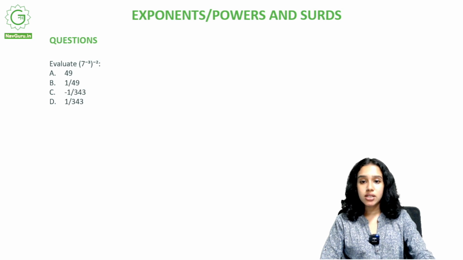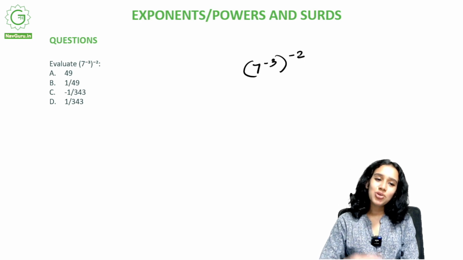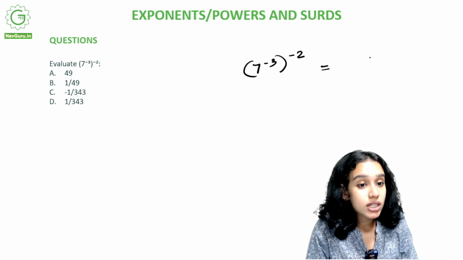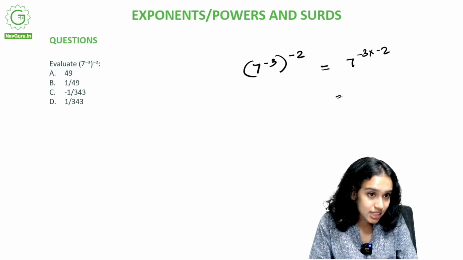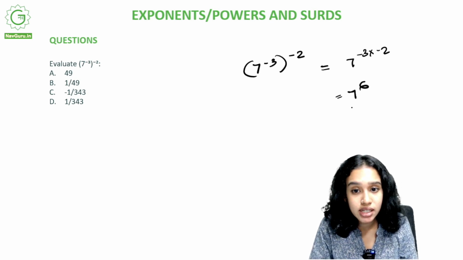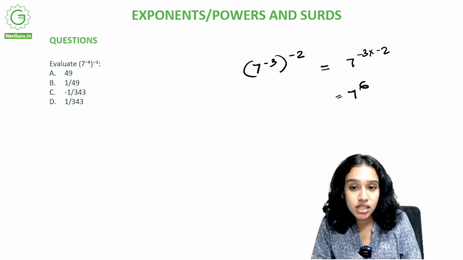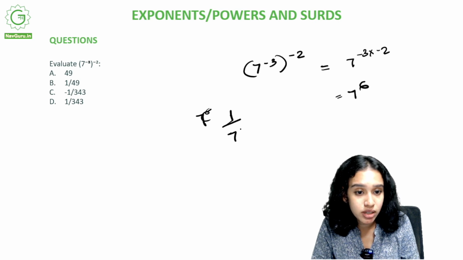Now the next question. Evaluate (7 raised to minus 3) whole raised to minus 2. So what actually happens here? We could do it in both ways, okay? First of all, what is 7 raised to minus 3 into minus 2? It is 7 raised to 6, right? Or otherwise, 7 raised to minus 3 means 1 by 7 cube.